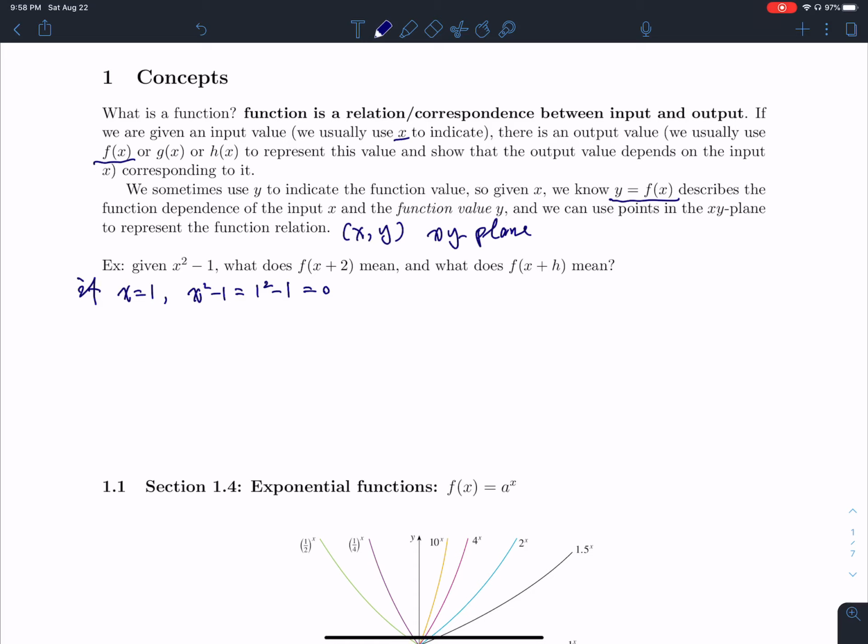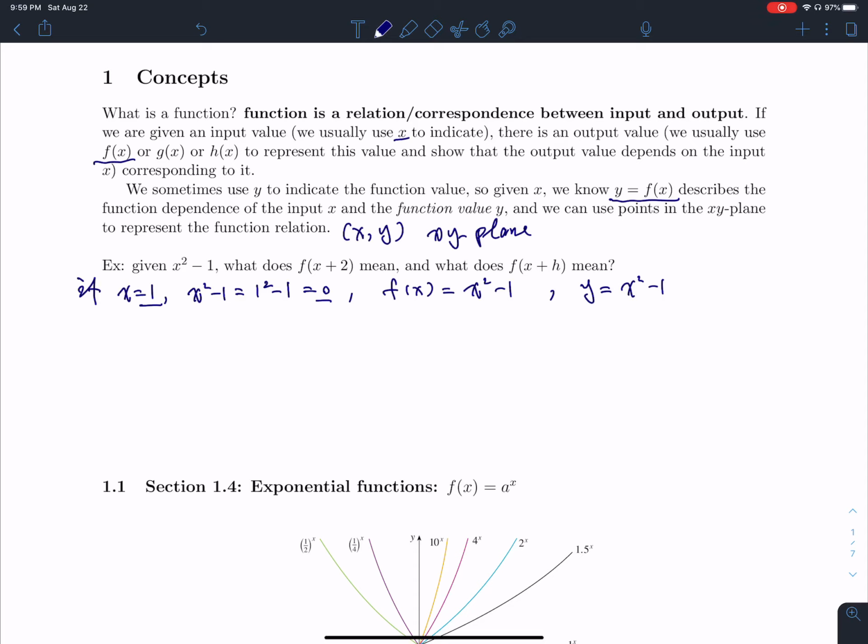So obviously 1 is the input and 0 is the output for the function x squared minus 1. And we can use this f of x to describe this relationship no matter what the x value is. Obviously, we can also use y equals x squared minus 1 to indicate the same thing.